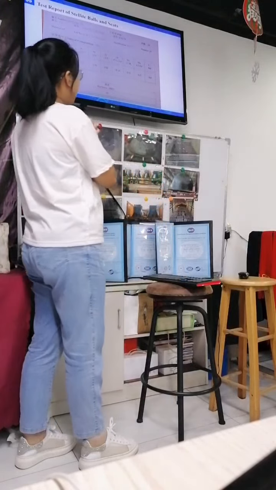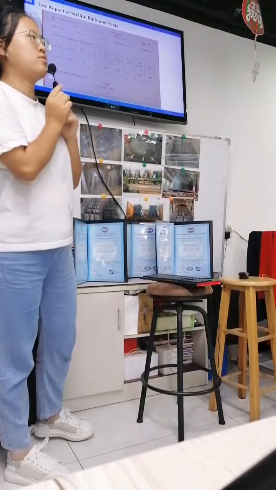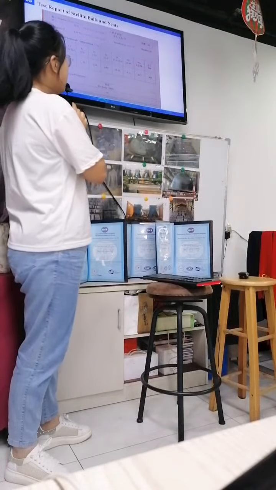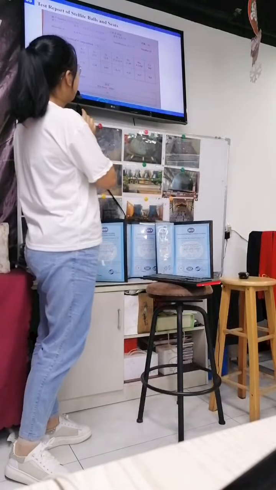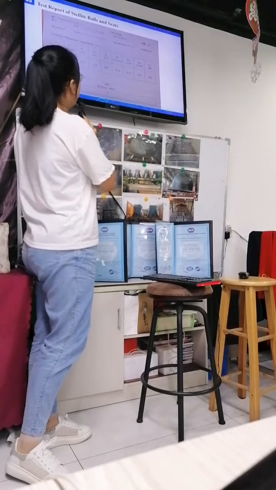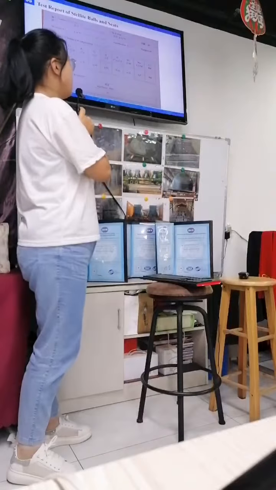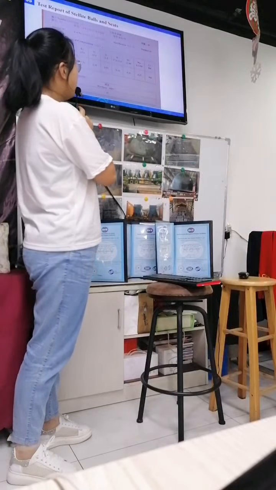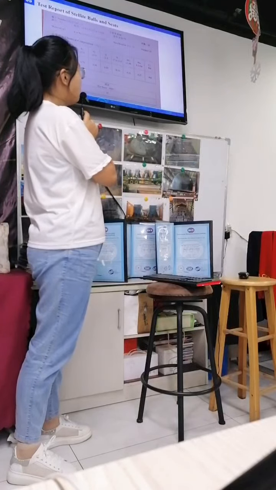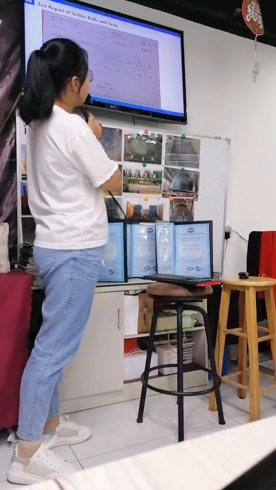Next, test report for C9 4 and 6. You can see this paper is the test report. You can see the material is C9 3 or A3, and the specification is diameter 31.75 mm.